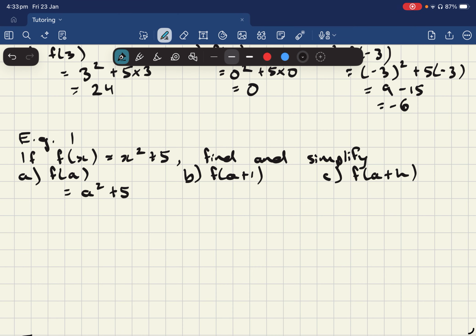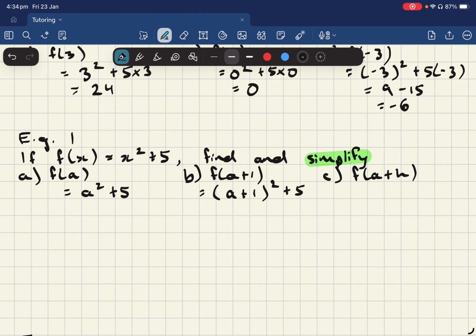I can't simplify anymore. For the second one, anytime I see x, I need to put a plus 1 in its place. So instead of x squared, I'm going to get a plus 1 squared plus 5. Now the key word here is simplify.